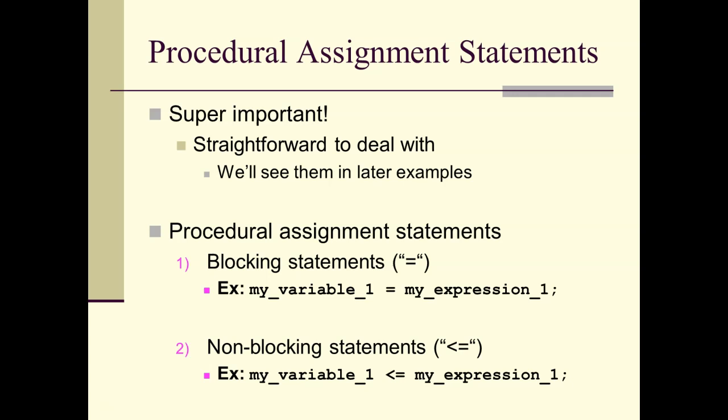I have two examples down here. Essentially, these assignment statements look exactly the same, except they use different operators. Here is the blocking assignment operator, and here's the non-blocking assignment operator. The more involved details we'll talk about later, in the context of examples.